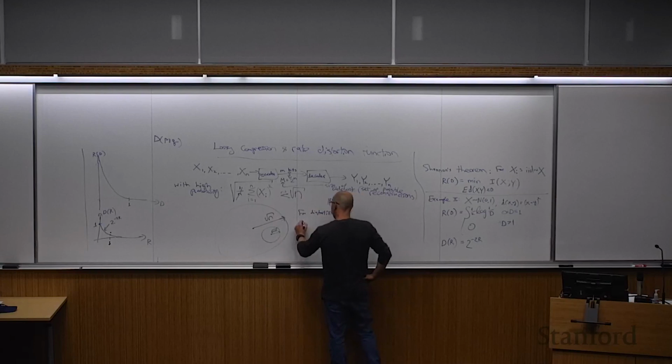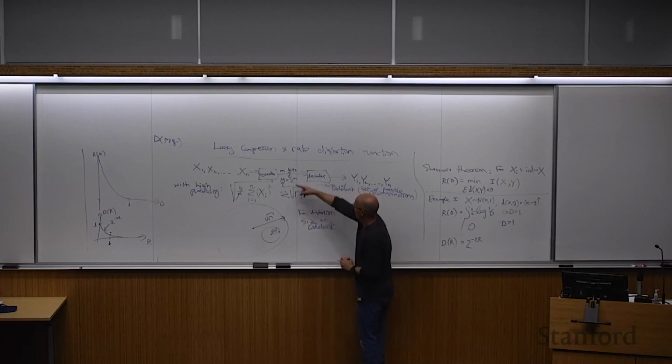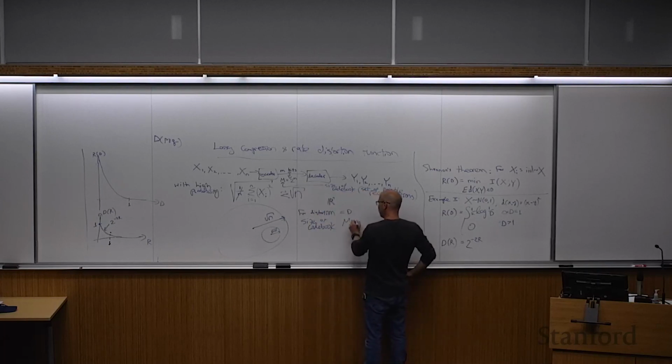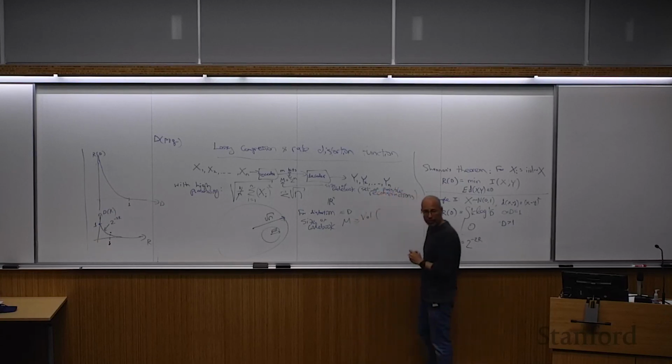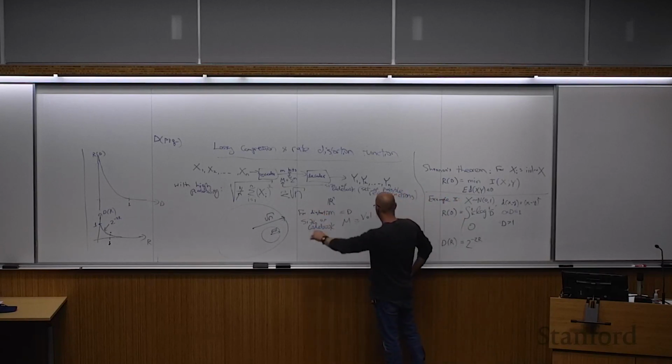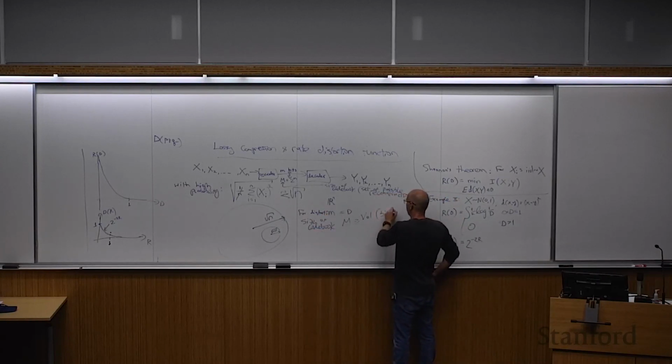Well, the size of the code book, this capital M, is going to have to be at least, from a volume preservation argument, the ratio between the volume of the big ball to the volume of these smaller balls of radius d.